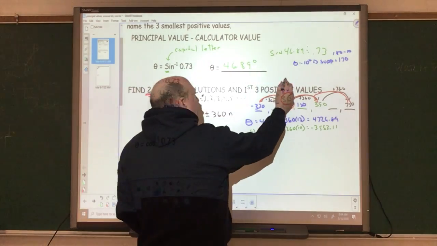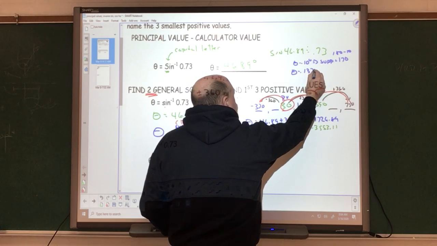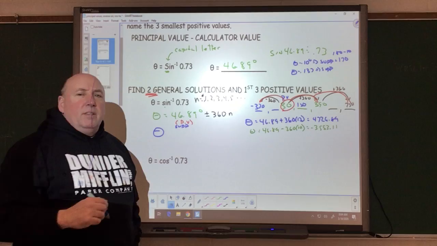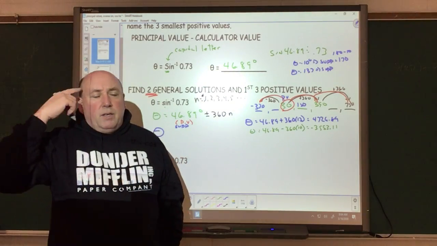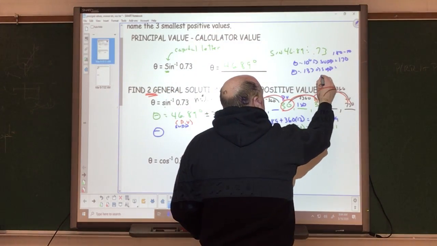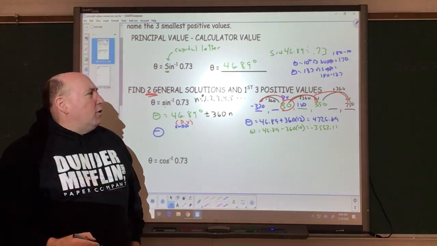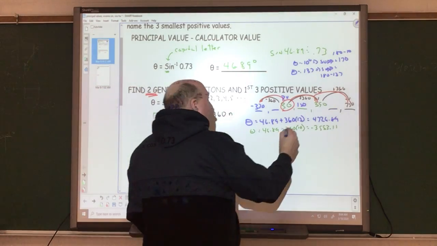If my angle theta was 137 degrees, how would we find the supplement? We could try to figure it out in our brain, or we could use our calculator and go 180 minus 137, and we should come down to 43 degrees.